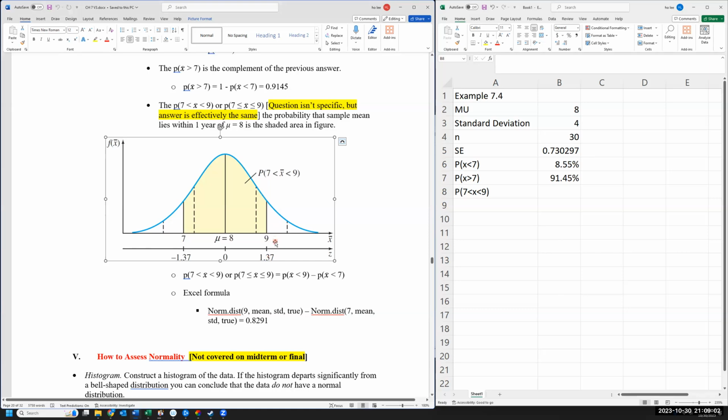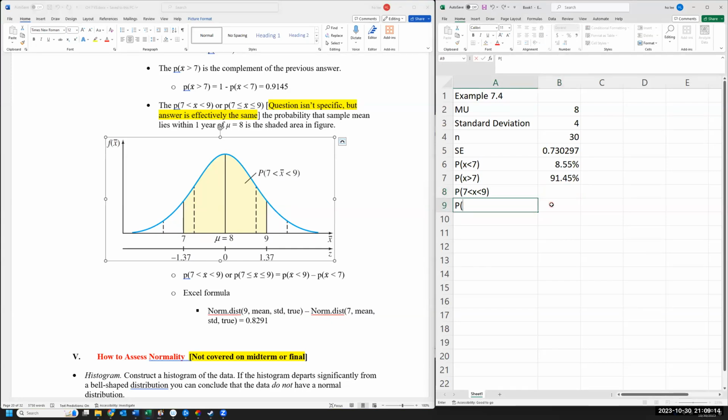The way you could do it in Excel is you find the cumulative up to 9 and subtract the cumulative up to 7 to get the shaded area. So we're going to do that in 2 baby steps. Find the probability of x being less than 7 and find the probability that x is less than 9.